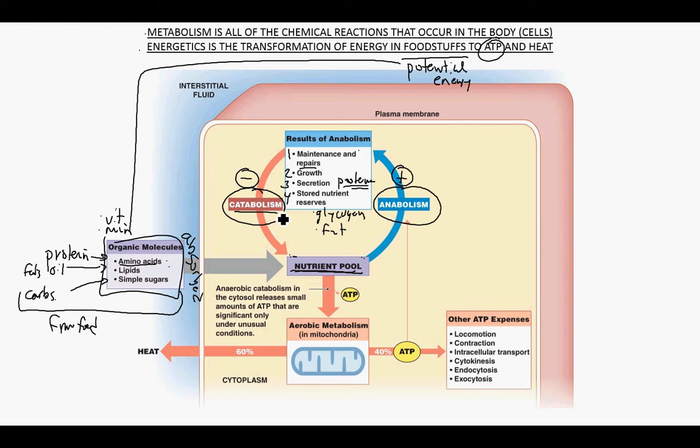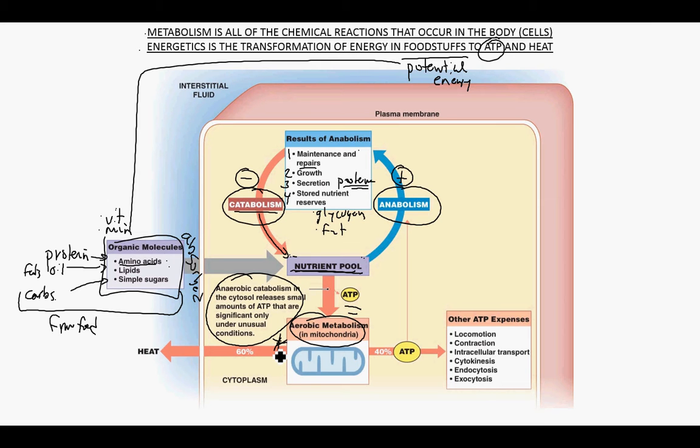So if the cell's activity increases and the demand for ATP increases, these substances can all be broken down and re-enter what was called the nutrient pool, and then enter anaerobic catabolism or aerobic metabolism here. And we're going to focus primarily on this aerobic metabolism.